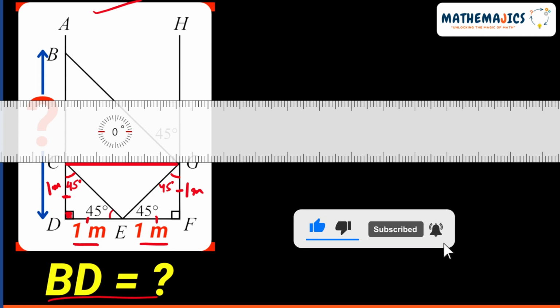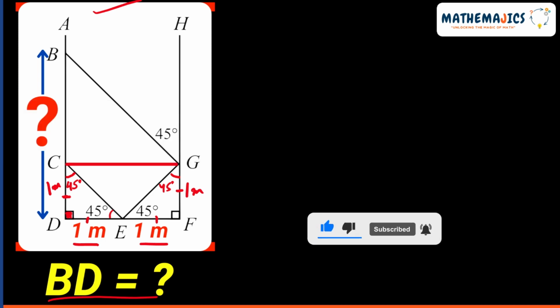Now, please look at triangle CEG. We will find this angle. Now look at DEF. DEF is a straight line, correct? Now if this is a straight line, this 45 degree angle, this 45 degree angle, and this question mark angle, that is angle CEG, should add up to 180, correct?